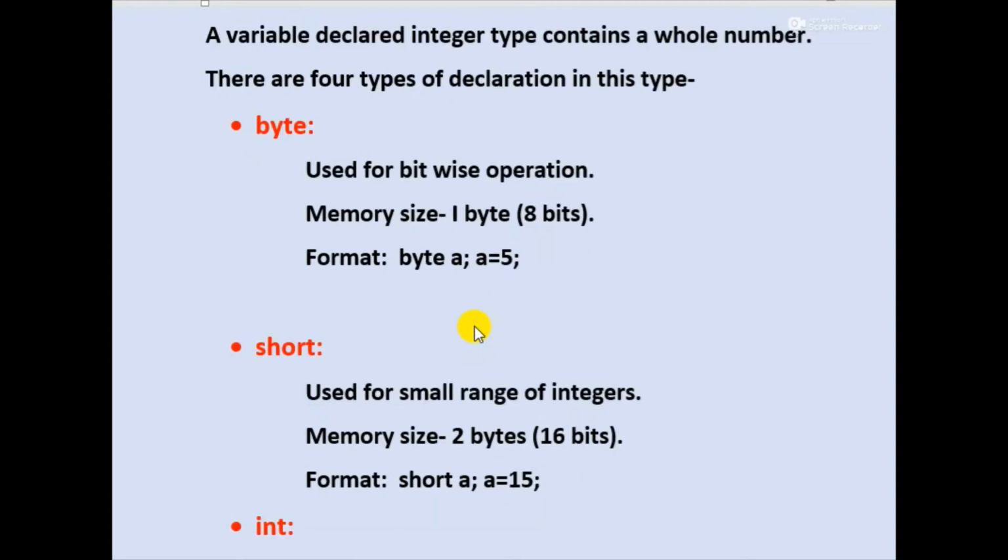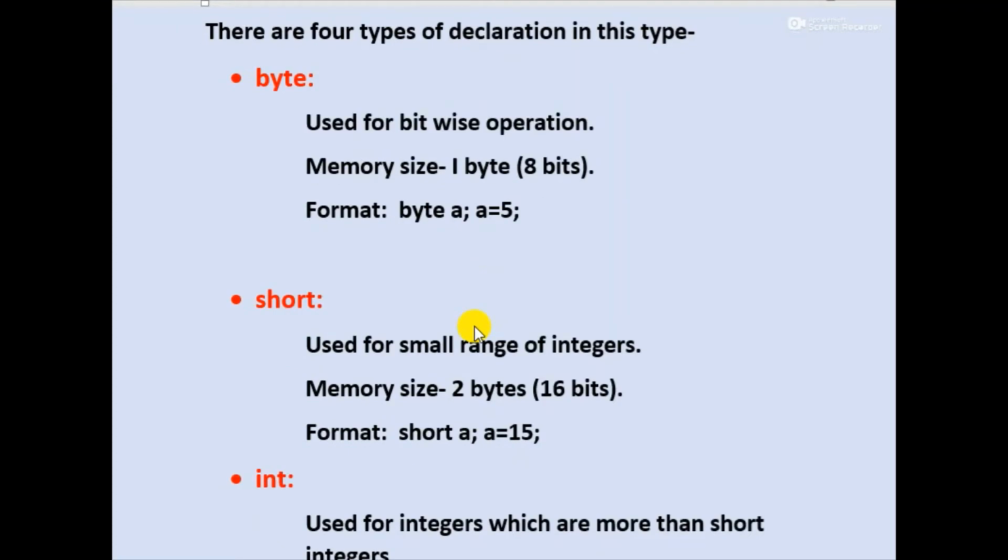The second way of declaration in integer type is short. Short is used for a small range of integers, meaning the variable of short data type can hold a small range of integer. The memory size of short data type is 2 bytes, that is 16 bits.